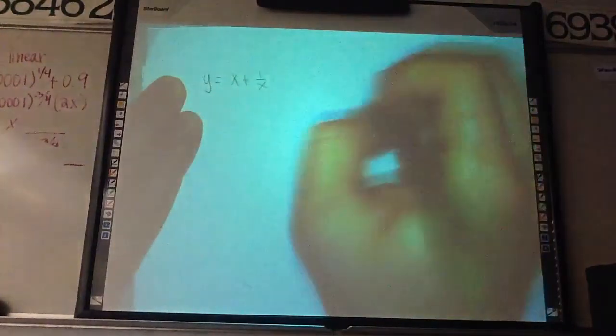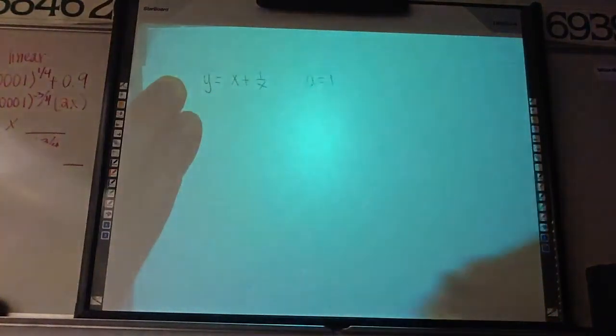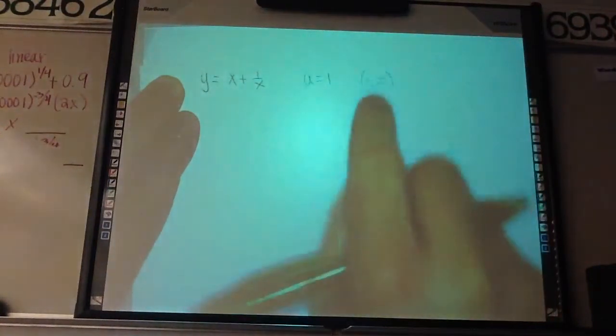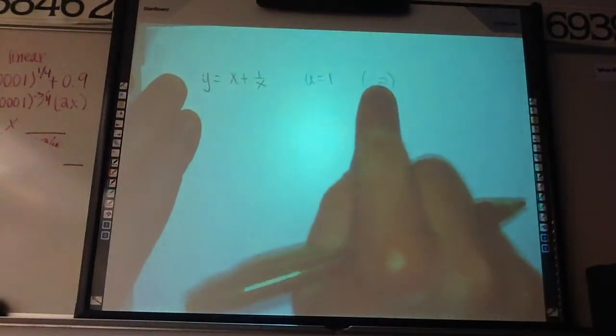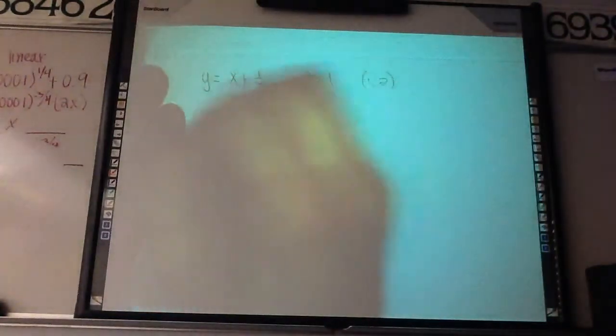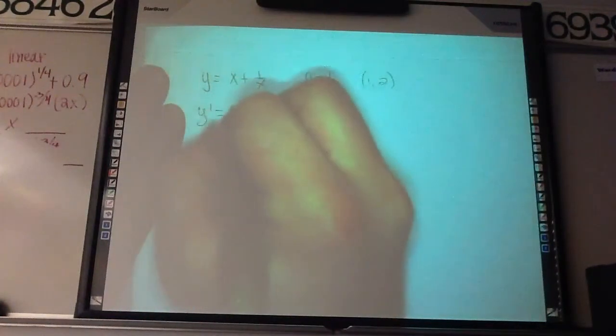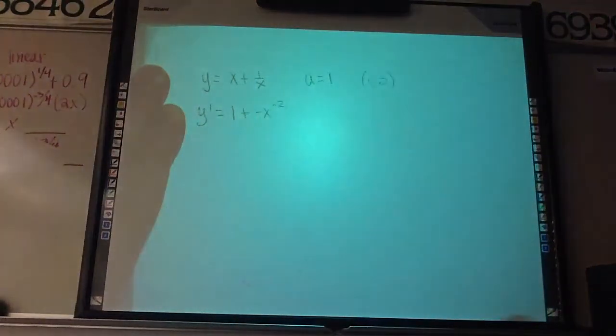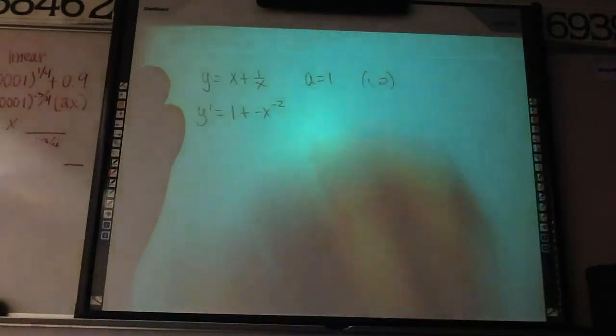There's the problem. It says a equals 1. You plug that back and you get 2. So your point is 1, 2. Find the tangent line to this through the point 1, 2, right? So the derivative of that, 1 plus, that's x to the -1, so it'd be negative x to the -2. You bring it down, 1 over negative x squared.